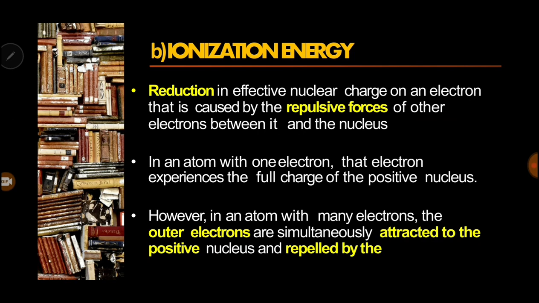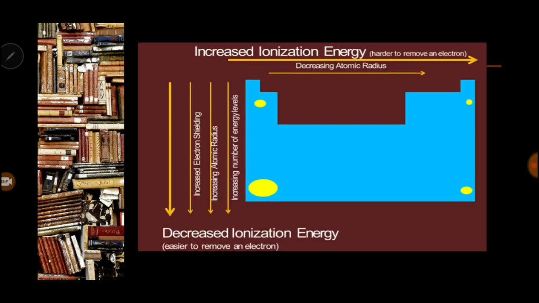In terms of ionization energy, what is ionization energy? Ionization energy is the energy required to remove one valence electron. Let's take a look at the periodic table. Across the period, the ability to lose an electron gets harder.